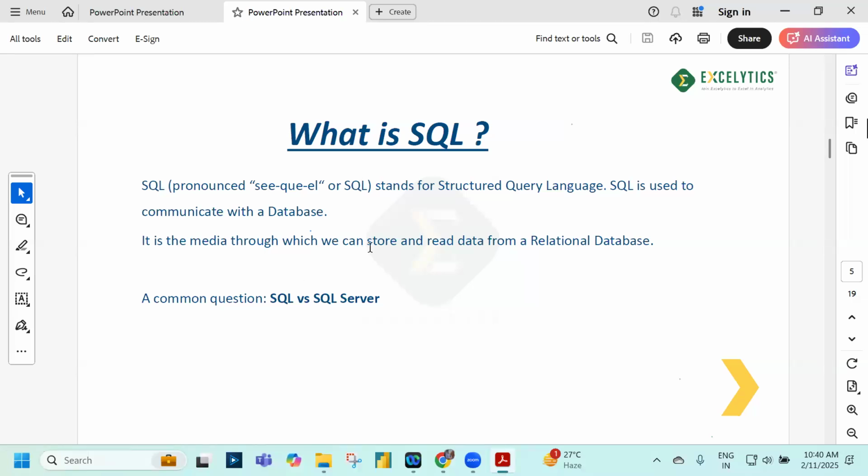It is a medium through which we can store and read the data from a relational database, structured query language. So it is used to communicate with the database. You also have a very common question here. People usually talk about SQL and SQL Server. What are they? SQL Server is a server application. Then what is SQL? It is a language using which we talk to the server.